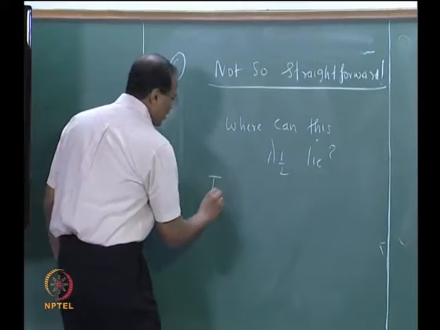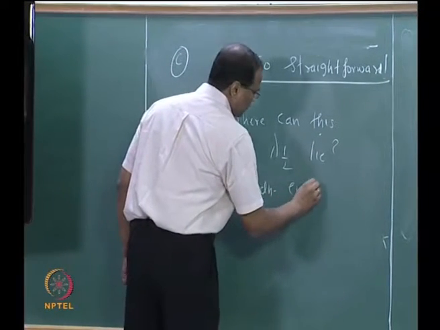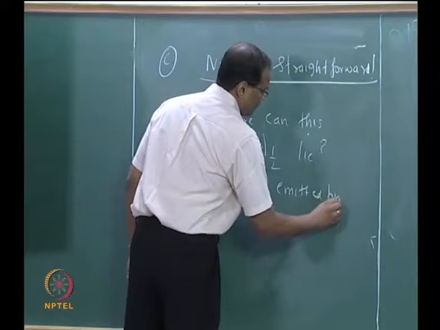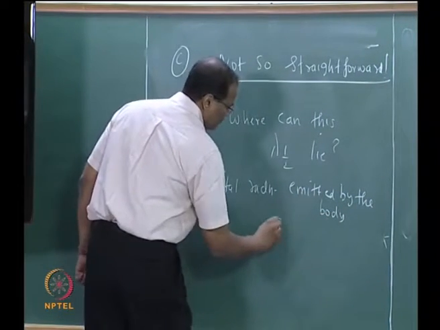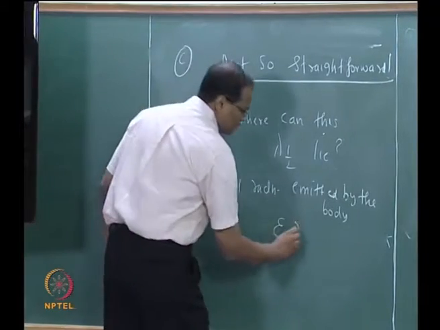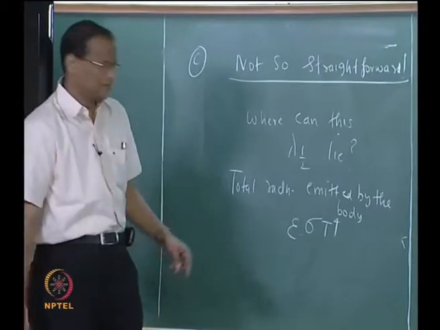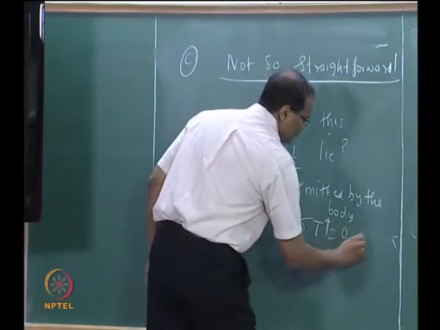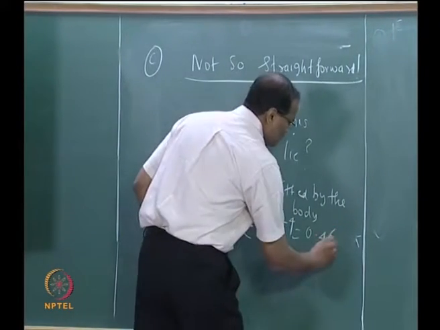The total radiation emitted by the body: epsilon, correct? What is this? 0.46.